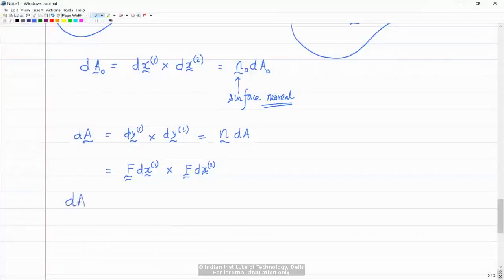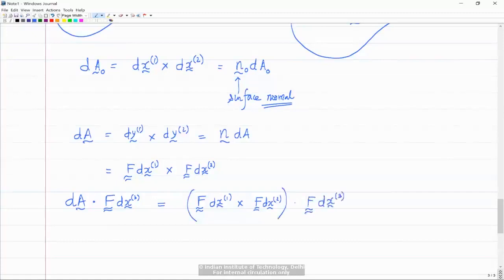So dA dot F dx3 is equal to F dx1 cross product F dx2, and that's dotted with F dx3.